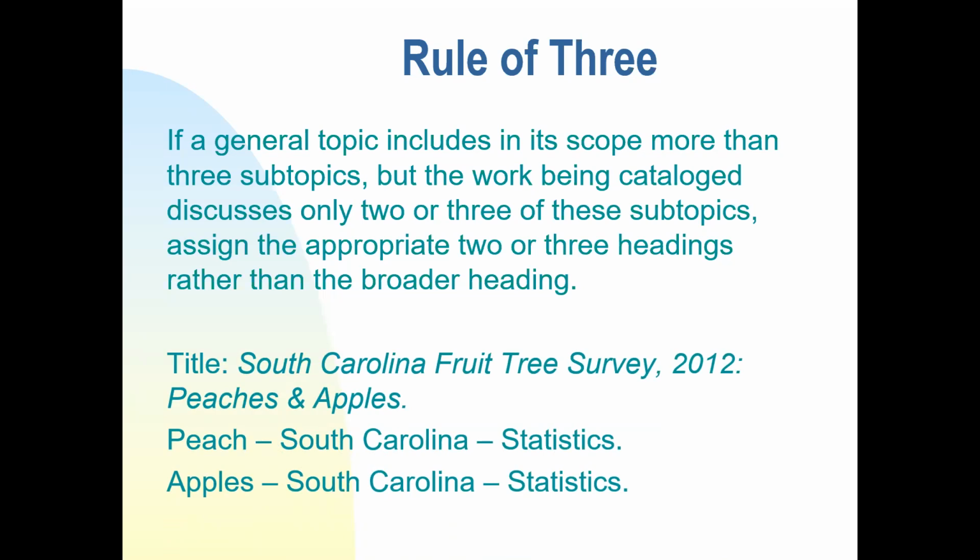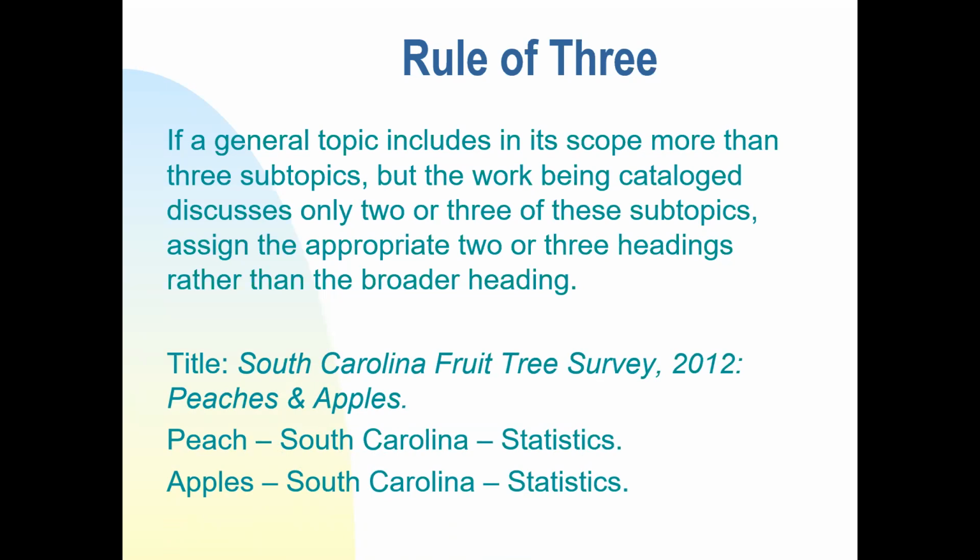So think about it. There are lots of kinds of fruit, and peaches and apples don't nearly cover all of the types of fruit. So since this book only talks about peaches and apples, those are the only 2 we want to include in our subject headings.